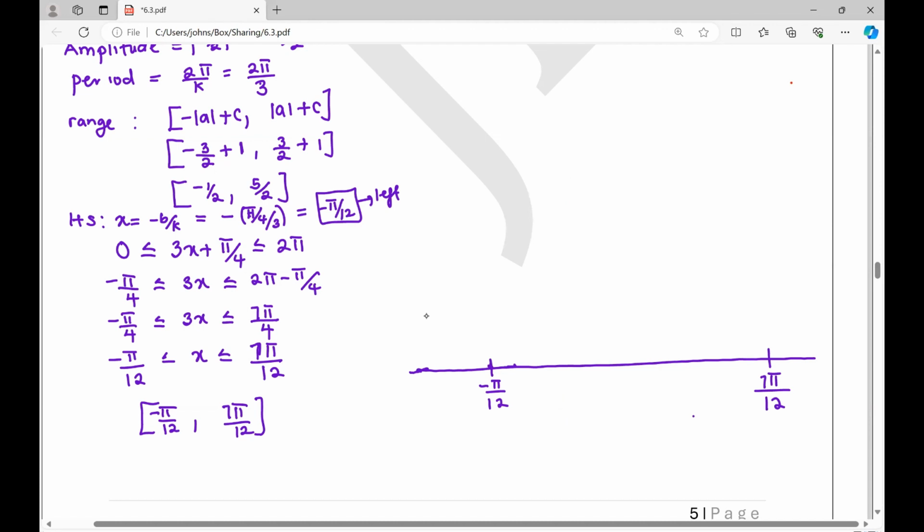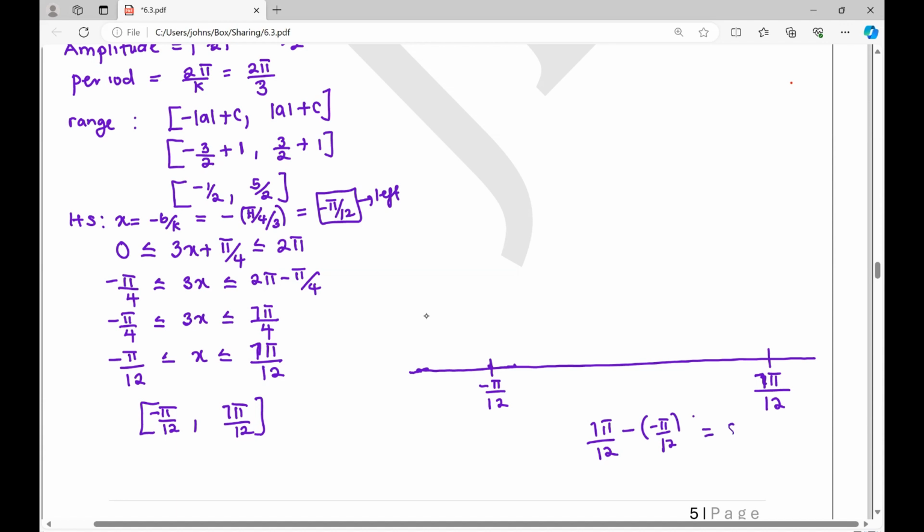And one thing you can see here is, what is the distance between 7 pi over 12 and minus pi over 12? The distance is just going to be 7 pi over 12, and if you subtract from this one minus pi over 12, what do we get?